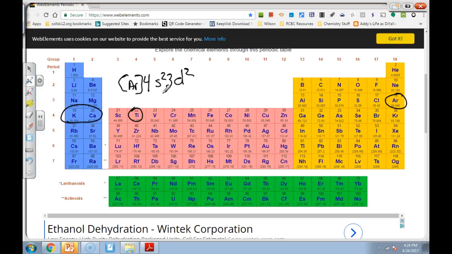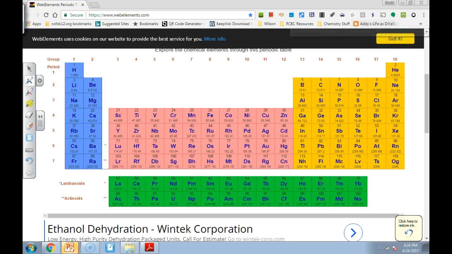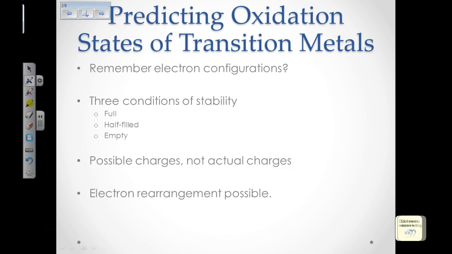We know it's 4s2 because there are 2 elements here, and 3d2 because there are 2 elements here. We know it's 4 because it's 1, 2, 3, 4, and we know it's 3 because the D elements are shifted up 1 from the S's. That's a very quick overview of how to determine electron configuration.